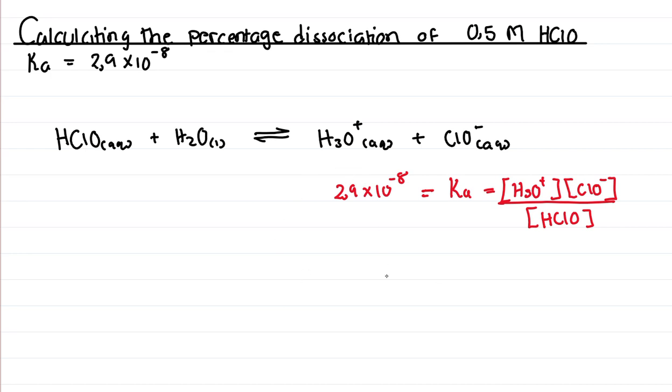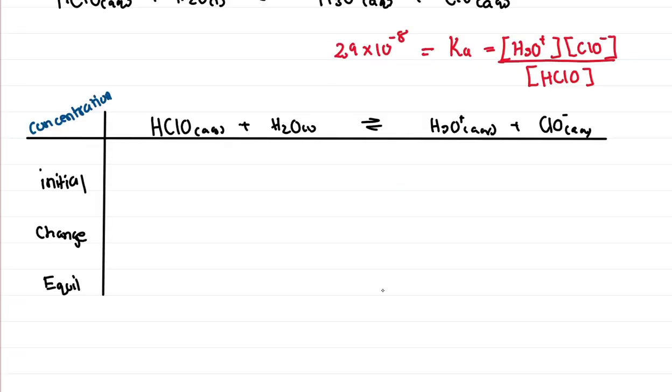Now the next step is to draw the reaction table. So we're going to go ahead and draw that now, and there's the table. What we have to do now is to input the values that we have and find the equilibrium concentrations.